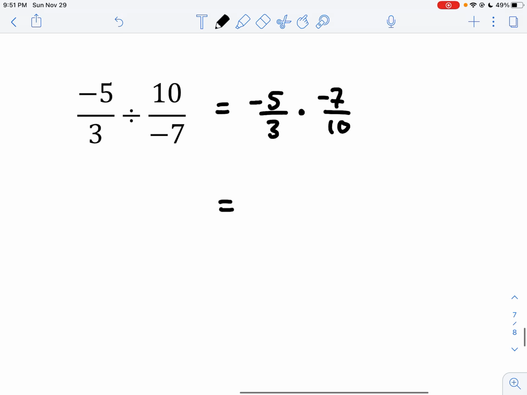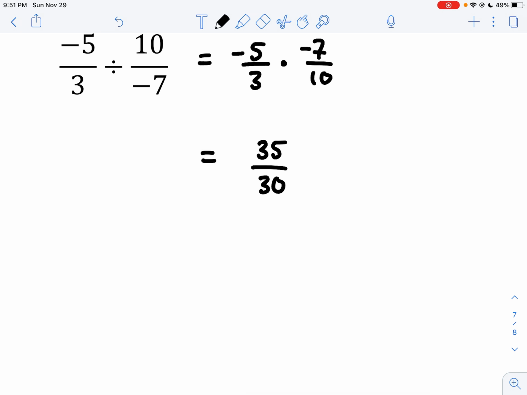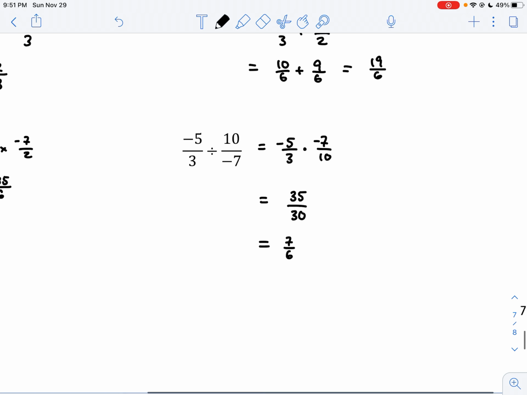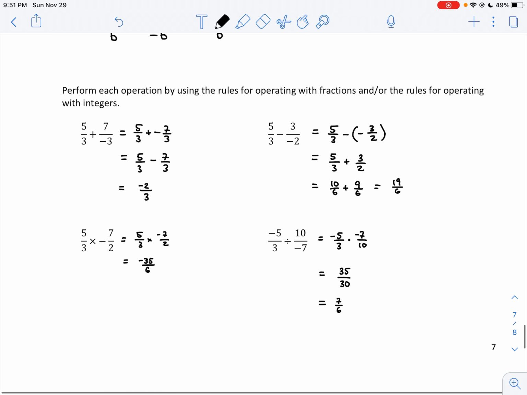And then 3 copies of 10 gives me 30. I'm just using the rules we had for multiplying integers. Negative 5 times negative 7 is positive 35, and 3 times 10 is 30. And then this fraction, though, is not in reduced terms. We could go further. 35 is divisible by 5, so it's 7/6. And there's our answer in most simple terms.